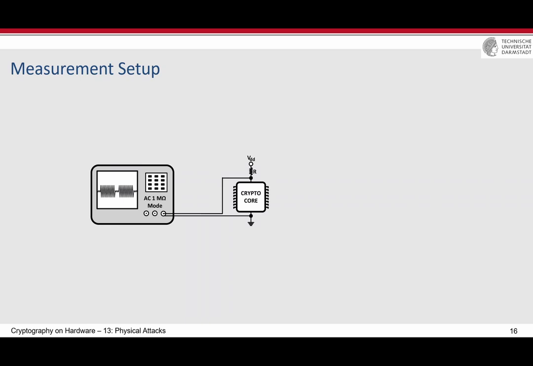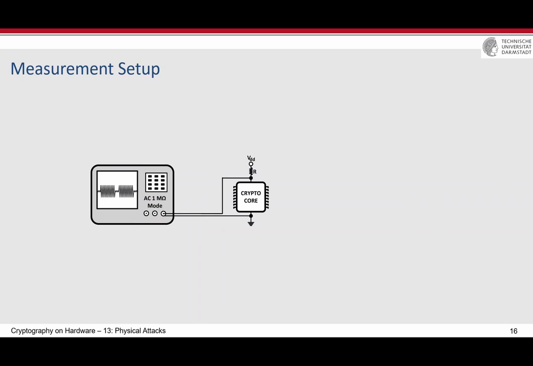You have a voltage of 1.2, but you want to convert it to digital values, 0, 0, 0, 1, 2, 3, and so on. I mean, you want to measure it with some accuracy. And if you connect both sides of the crypto core to the oscilloscope, then you have to measure in AC mode. Otherwise, everything is at 1.2, and the fluctuations that you want to see, you don't see.